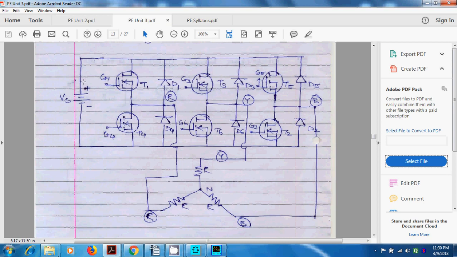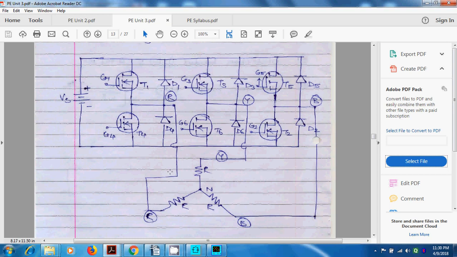Your input is a fixed DC voltage, but the output we can take in different ways. We can take the voltage between the R node and the neutral, which is nothing but the phase voltage VRN. Similarly Y and the neutral, VYN. Similarly B and the neutral, VBN. These are called phase voltages.